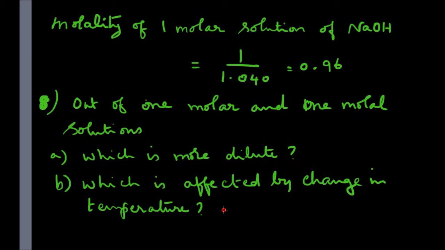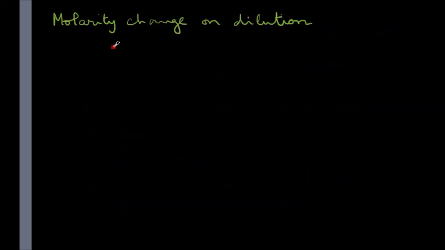Now, after this, I will explain to you how molarity changes on dilution as the last part of the session. Molarity change on dilution. Supposing I am taking 100 ml of 0.2 molar solution and add another 250 ml of water to it.